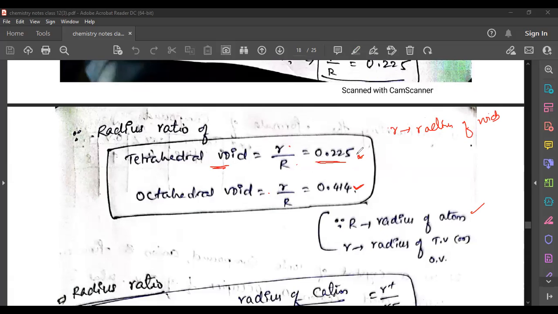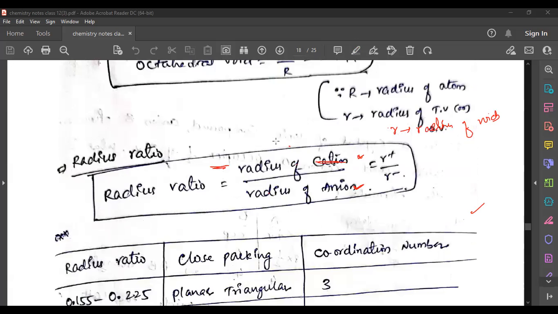Okay, so based upon this, you have the limiting ratio. What is the meaning of limiting ratio or the radius ratio? The radius of cation to the radius of anion. So R plus by R minus, that is the radius ratio.